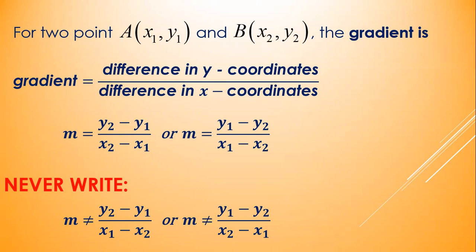Simply because if we start with y2, we have to start with x2. Please note that carefully. If we start with y1 in the numerator, we have to start with x1 in the denominator. Let us look at an example.